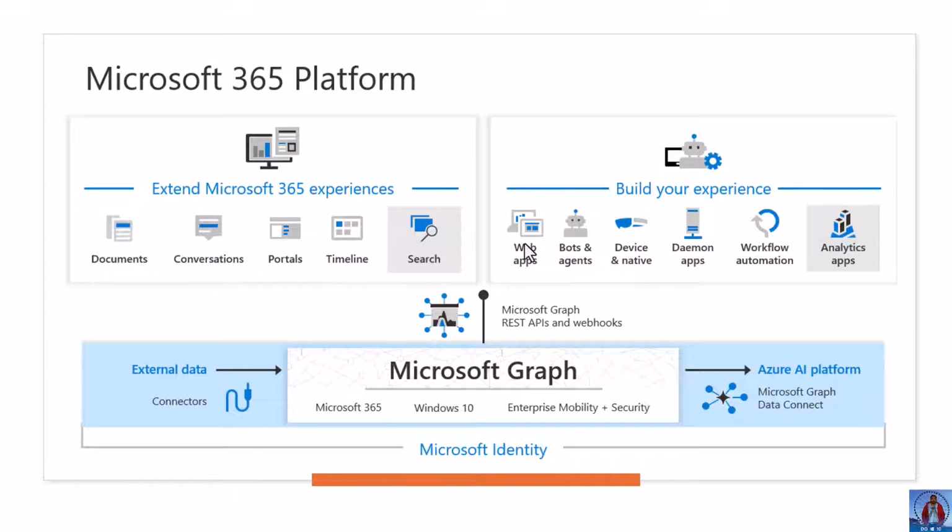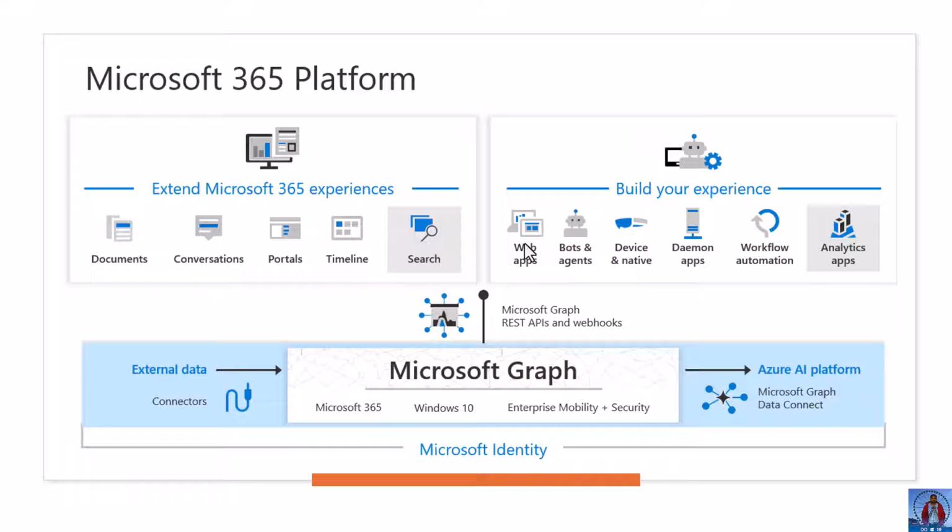Once you are authenticated within your M365, you can start using the Microsoft Graph API. And the modern Azure OpenAI platform, or the Azure AI platform, leverages the Microsoft Graph API to get all the information about a person or a user within the M365 and is able to have an intelligent conversation or make an intelligent decision based on the information which is there.